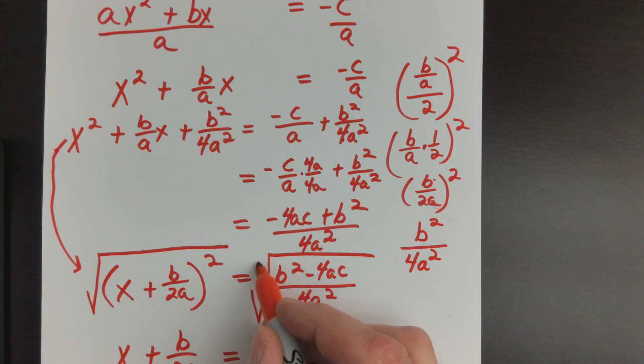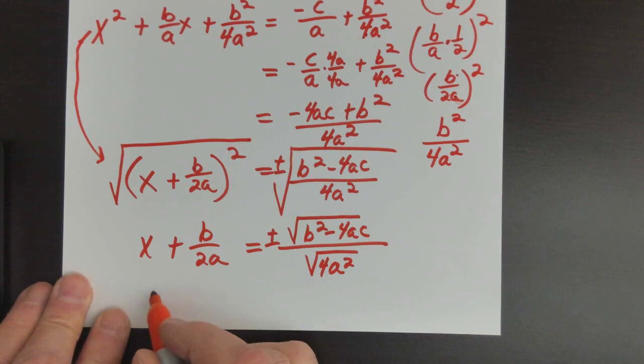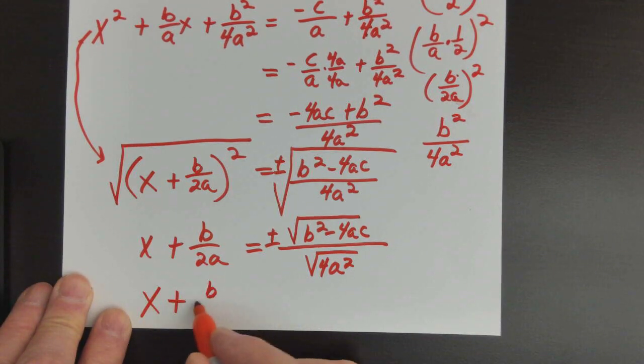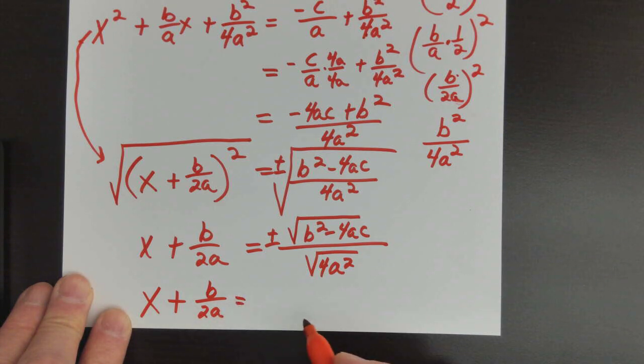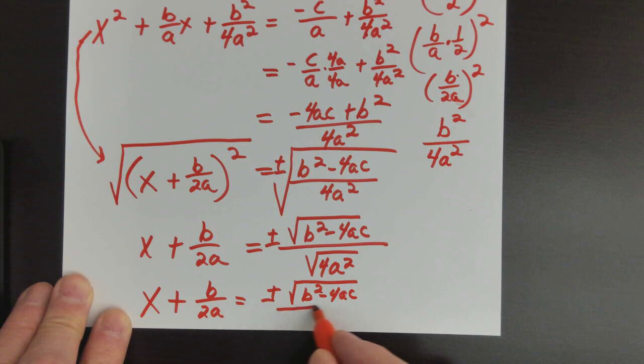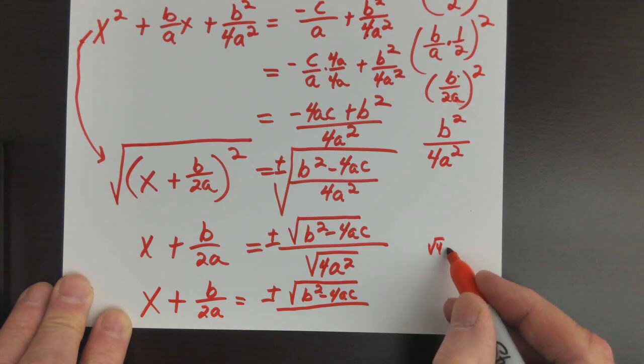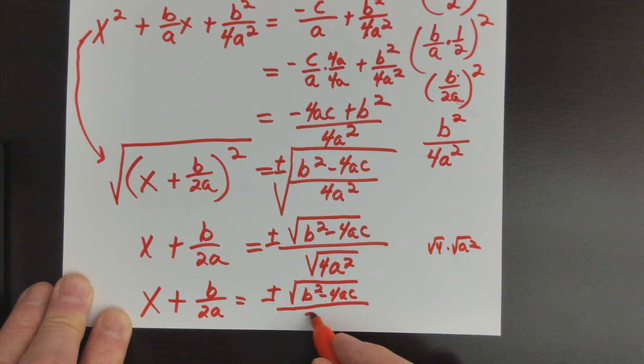Oh, I mustn't forget, we've got a positive and a negative, and I'll just leave it up there on the numerator, positive and negative. Well, now I've got x plus b over 2a equals plus or minus the square root of b squared minus 4ac over the square root of 4a squared, the square root of 4 times the square root of a squared. The square root of 4 is 2, the square root of a squared is a.